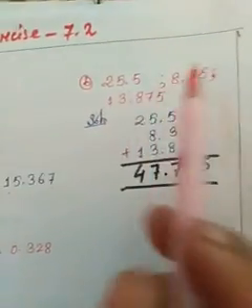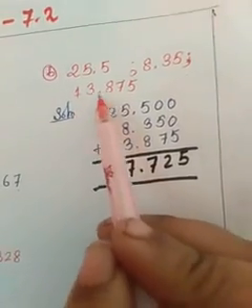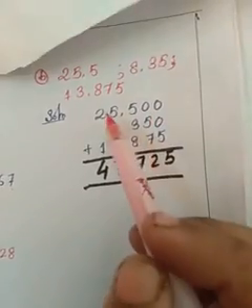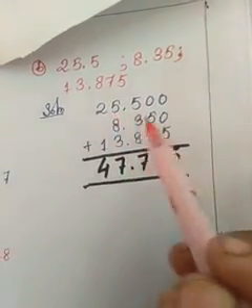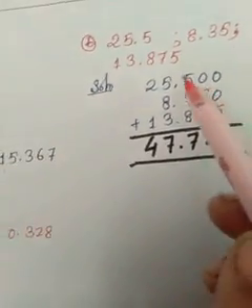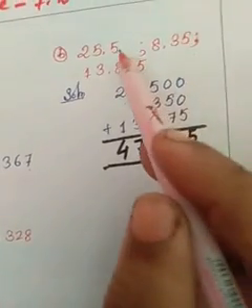25.5, 8.35, then 13.875. So we'll arrange it here like this, and before arranging we'll convert into like decimals. Okay, so 25.5, how many zeros should we keep here?